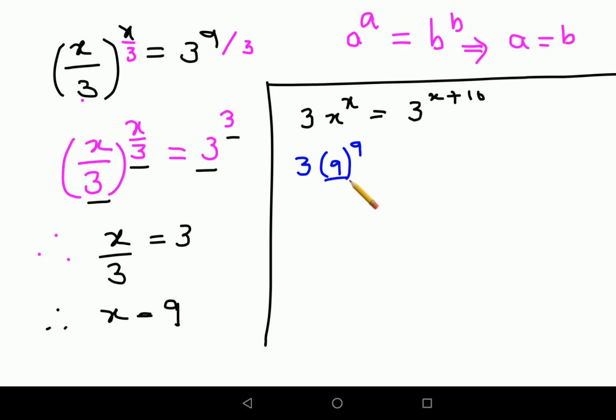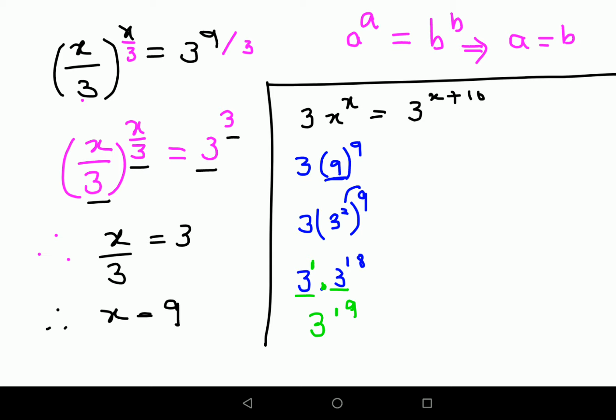Now 9 can be written as 3 square. This 3 will remain as it is, and I have 3 square the whole raised to 9. So this comes out to be 3 into 3 raised to 18, since these indices get multiplied. Now when you have the same base and the operation is multiplication, you can directly add the indices, which is 1 plus 18.